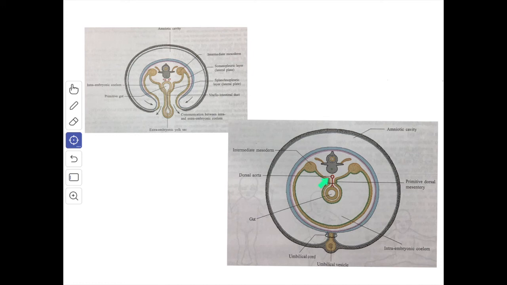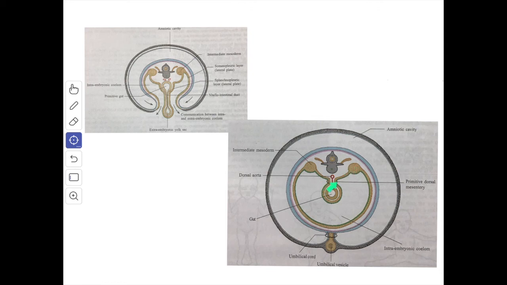The somatopleuric layer and the splanchnopleuric layer are continuous with each other at the root of the dorsal mesentery. Thus, the intra-embryonic coelom becomes well defined and the intermediate mesoderm projects into the coelom from the dorsal body wall on each side of the primitive dorsal mesentery.